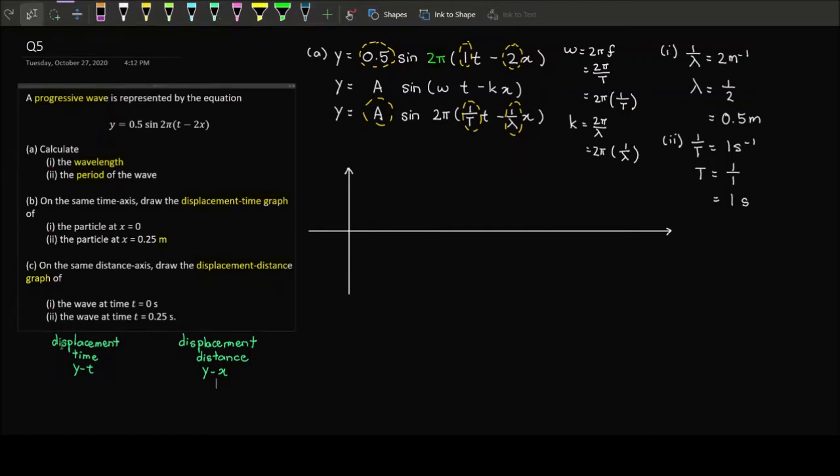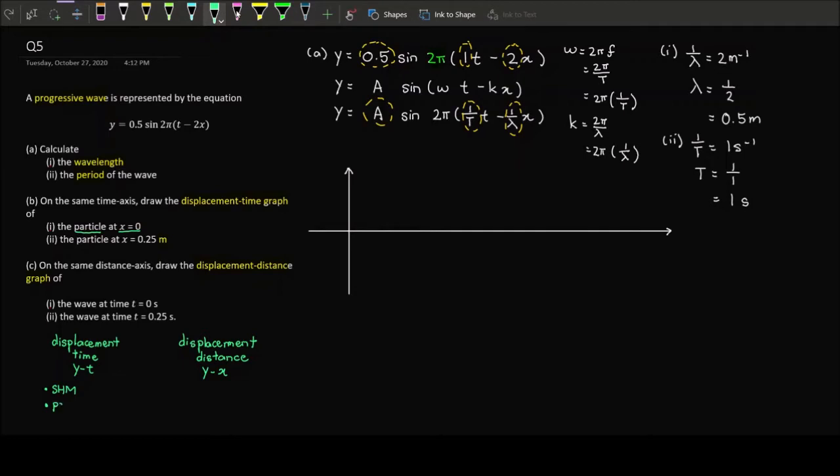The displacement time graph, you can think of it as exactly the same as your SHM actually. It's related to SHM. Why is it related to SHM? If you notice here, they ask for the displacement time graph of the particle at x. The first characteristic you see is that they give you the position already.